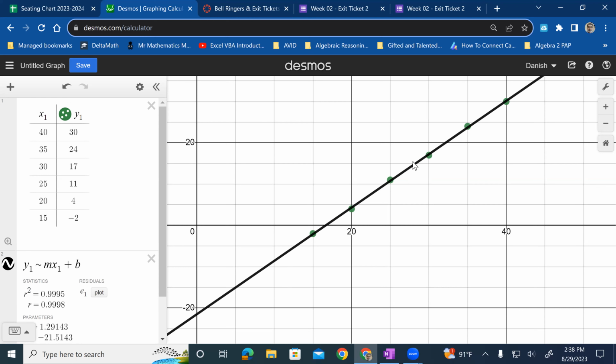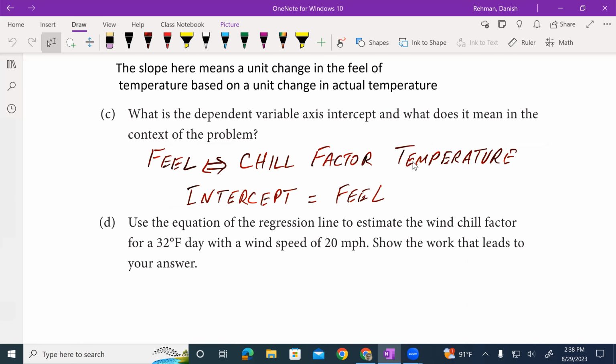Make sense? So you will mention that yourself: the intercept is the field in degrees at 0 degrees actual temperature.